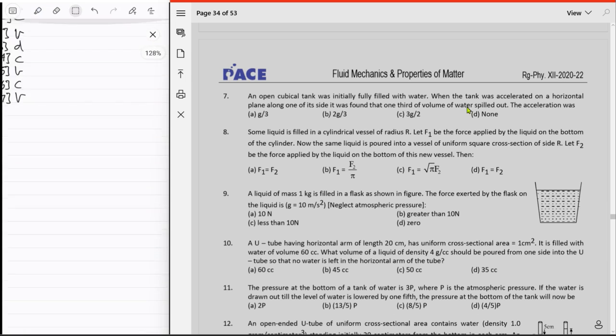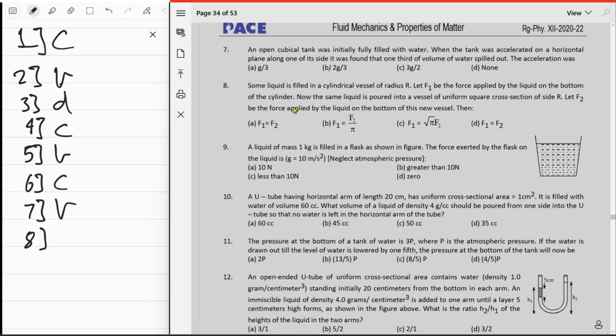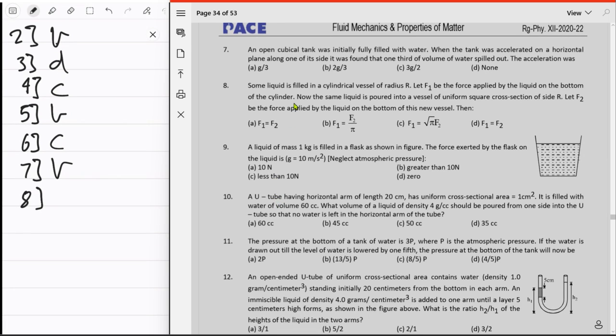Eighth. Eighth is some liquid filled in a cylindrical vessel of radius r. Let F1 be the force applied by the liquid on the bottom of the cylinder. Now the same liquid is poured into a vessel of uniform square cross section of side r. So it was in a cylindrical vessel, and now it's poured into a vessel of uniform square cross section of side r, so the volume remains constant.